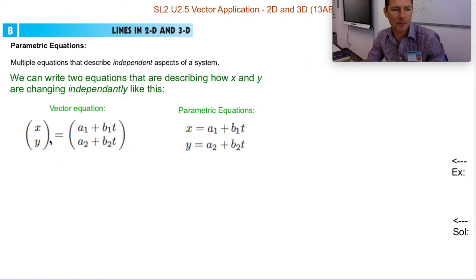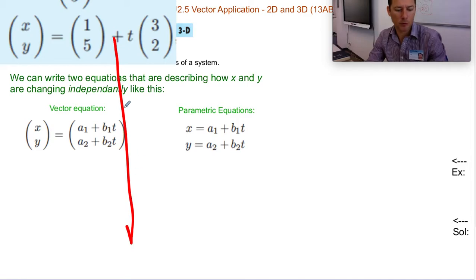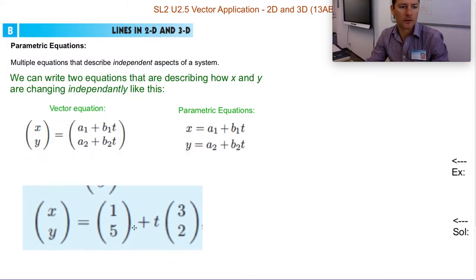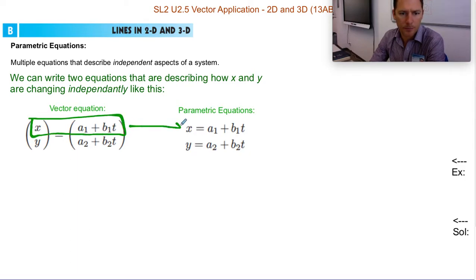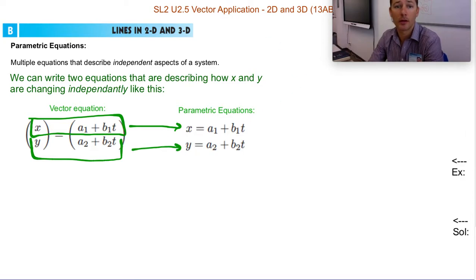This is just our new vector is our initial vector plus t times each one of these. So that's this piece right there. This is a vector equation, and we can break it up into two parametric equations, which is just this piece and this piece, the x and the y directions.